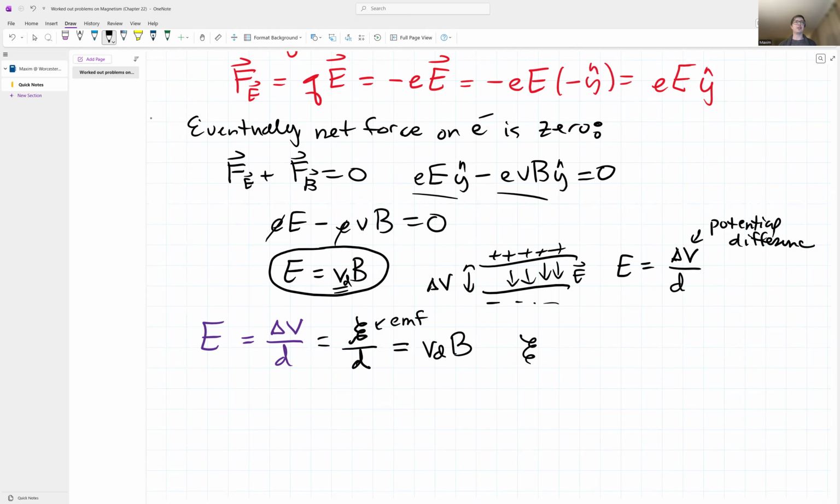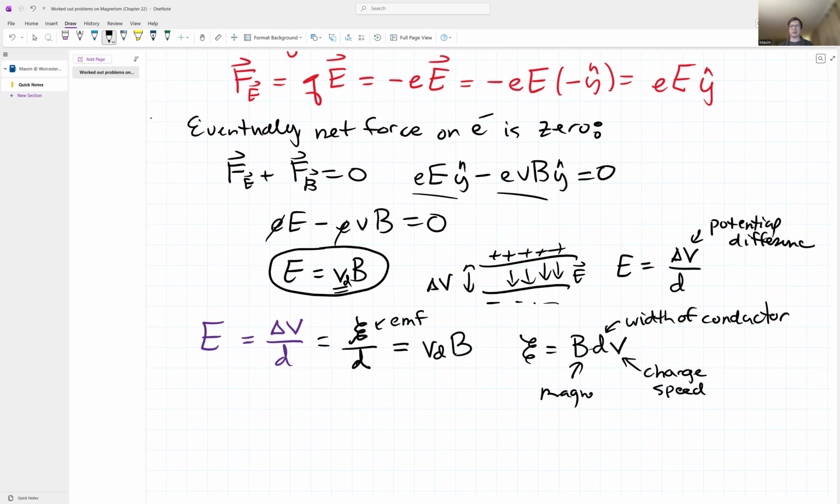The EMF is just equal to the magnitude of the B field times the distance, the width of the conductor, times the speed of the charges that are going through there. So this is the charge speed, the drift velocity for electrons. This is the width of the conductor. And this is the magnetic field.